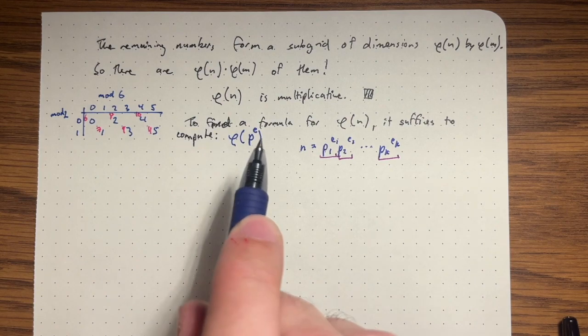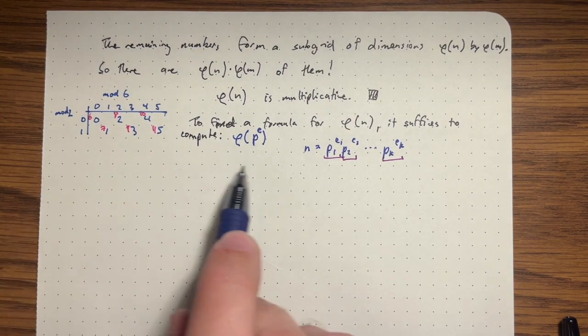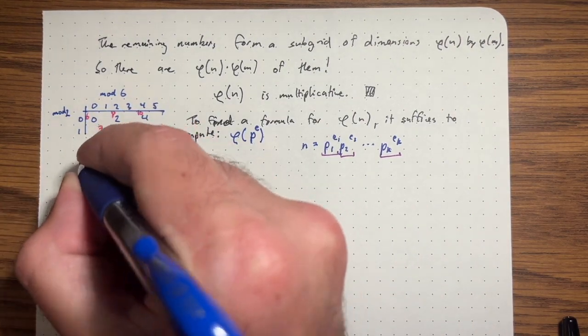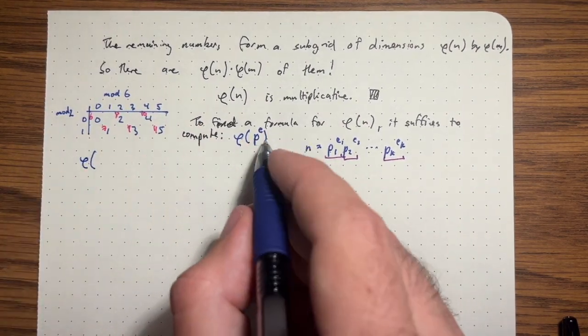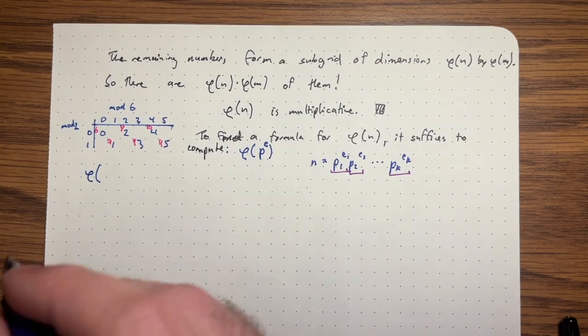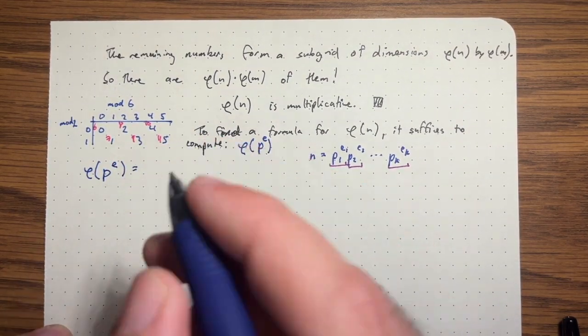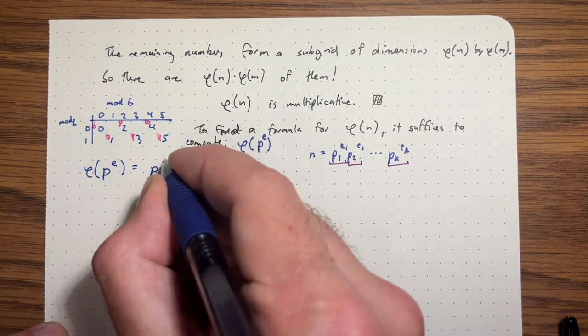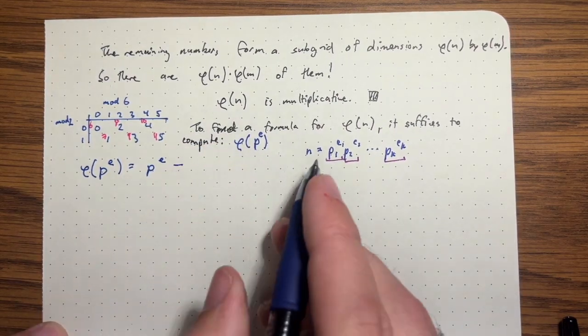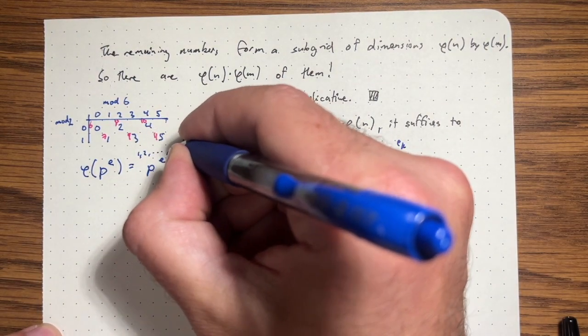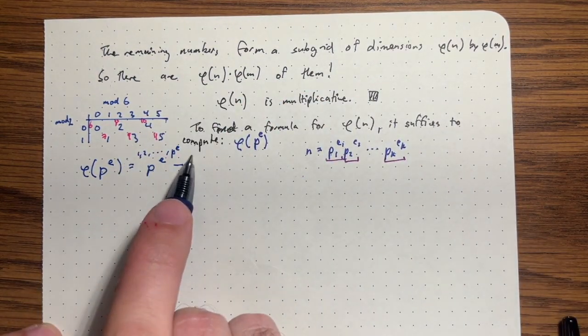So all I need to do is write down all the elements from 1 all the way up to p to the e. It doesn't matter. Write down all the elements. There are p to the e of them, and then subtract out everything that's divisible by p.